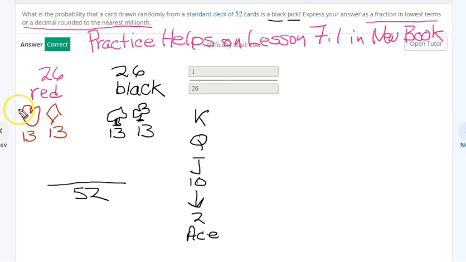So out of a total of 52, you're going to have 2 that meet the qualifications of what they're asking here. So this reduces then to 1/26, and that is the answer. Now, if I were a student, I would take some notes on this, but again, you're looking for strategy.